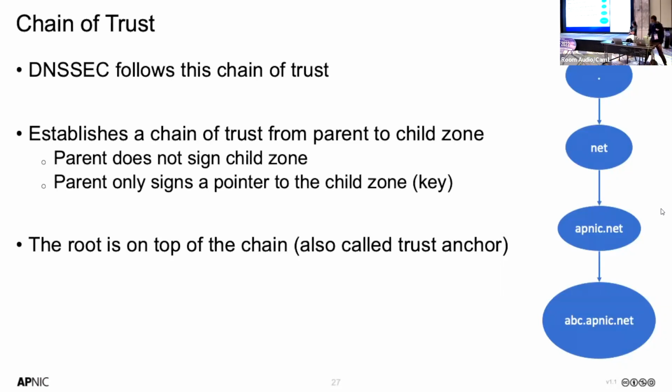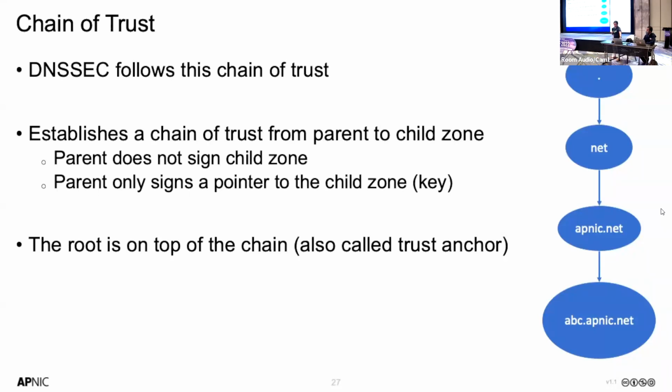All right, we are back. So chain of trust, we said that you have delegation, but if you're adding DNSSEC into the equation, you need to also establish that chain of trust from the parent to the child, kind of like this, right?